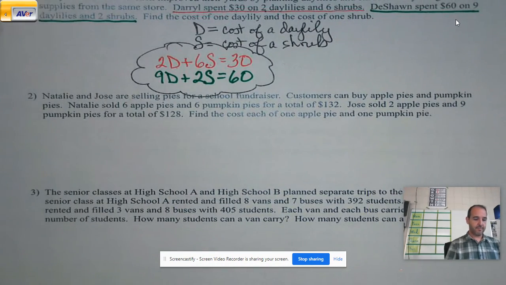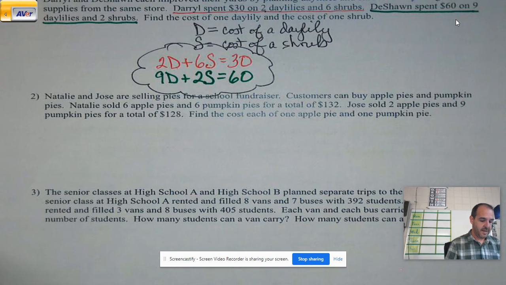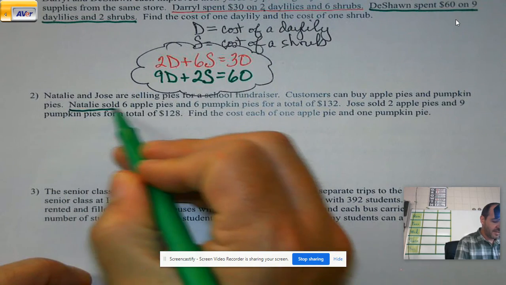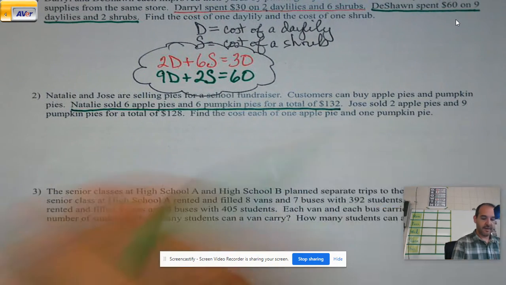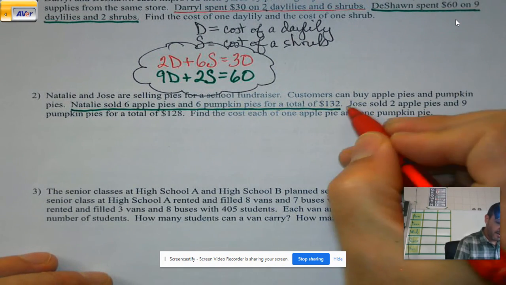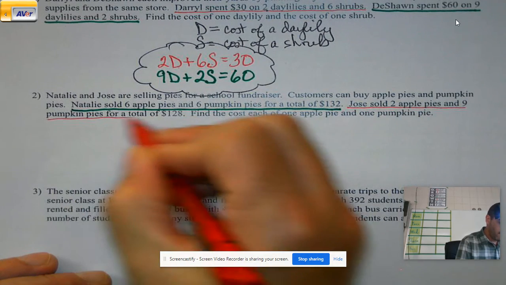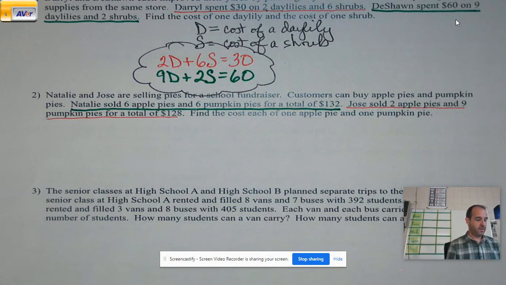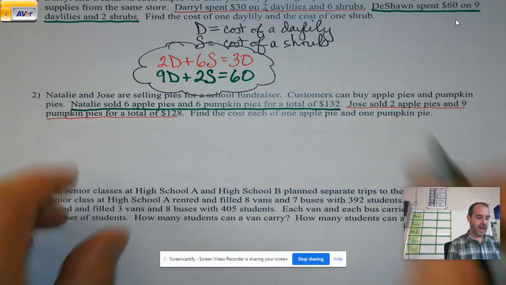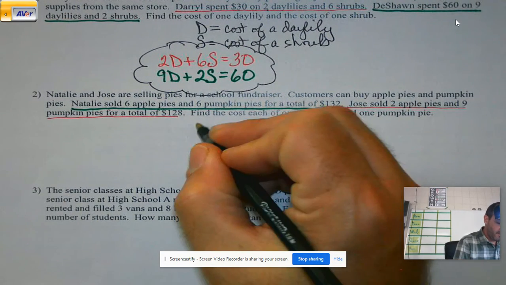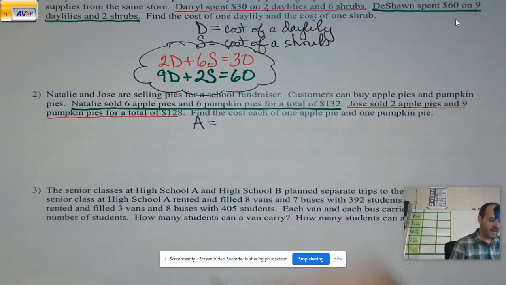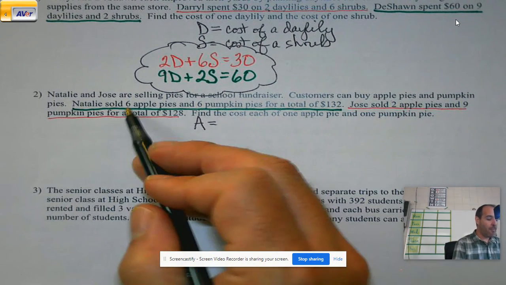Natalie and Jose are selling pies for a school fundraiser. Customers can buy apple pies and pumpkin pies. And again, once we start seeing numbers in sentences, that's where our focus is going to be. So again, I look to see, okay, my variables are going to be apple pies and pumpkin pies. So A, and again, I know how many I have.